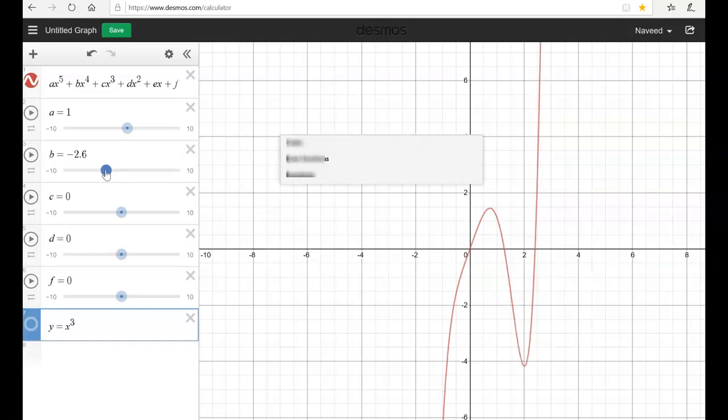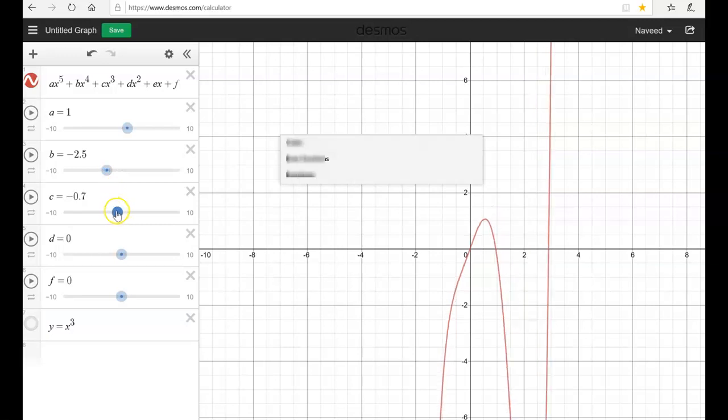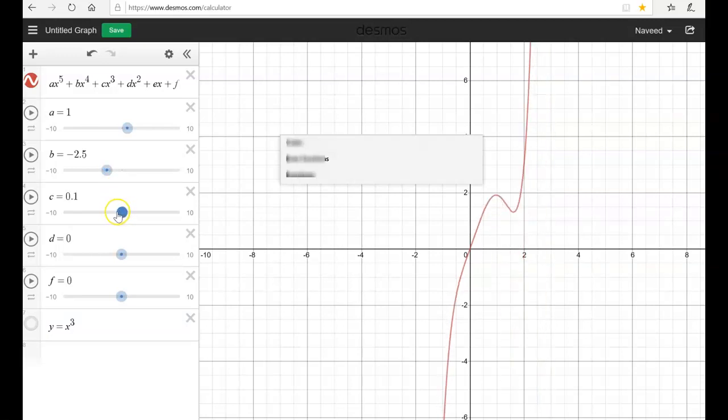And then let's see what happens as I move C around. Okay, when I move C around, it's changing a little bit. The cubic term changes a little bit depending on what that is. And then let me put that back at 1.